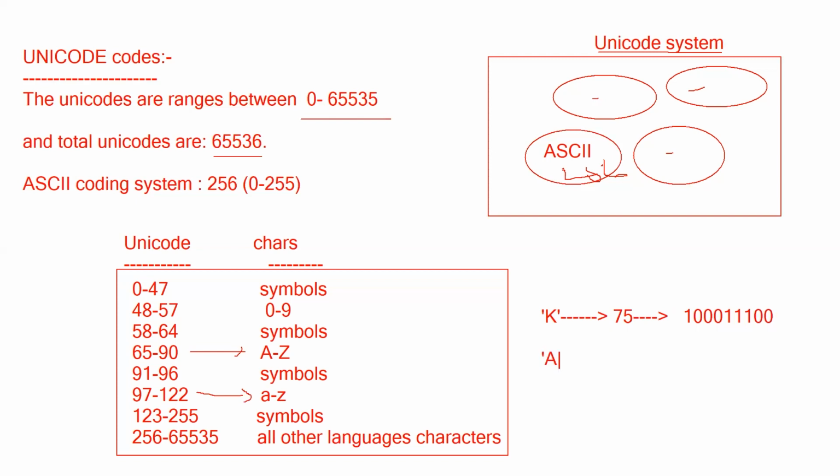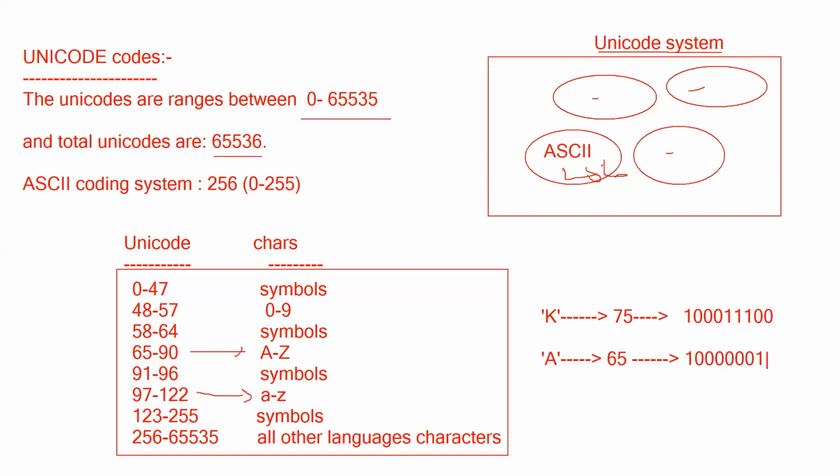The same way, suppose the program has to store character A in the computer memory. For that, what is the Unicode? 65. Now how can it be stored? Like 10001.